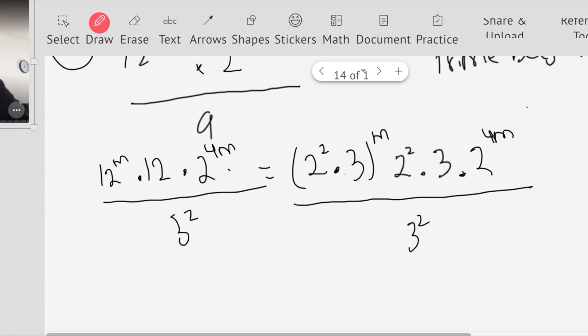And then I want to combine. This would be 2 to the 2m times 3 to the m, and these two will be 2 to the 4m plus 2.